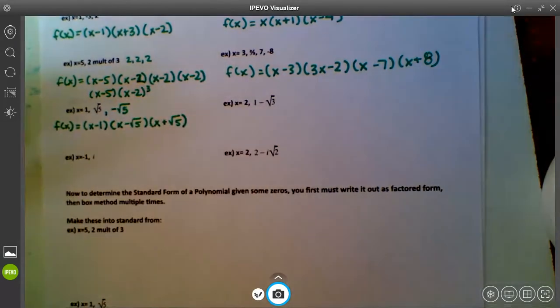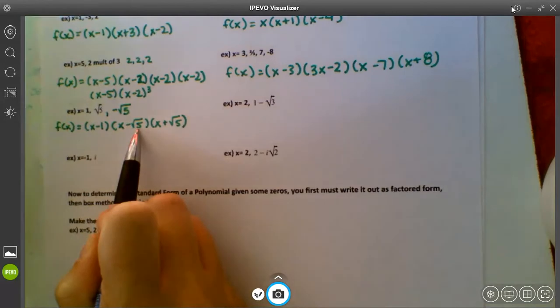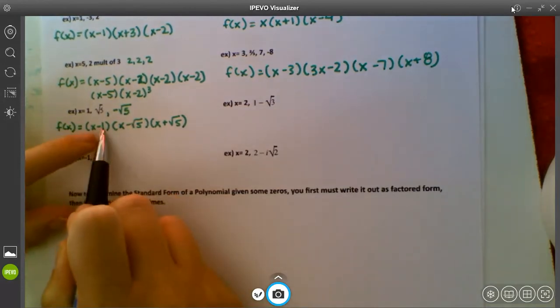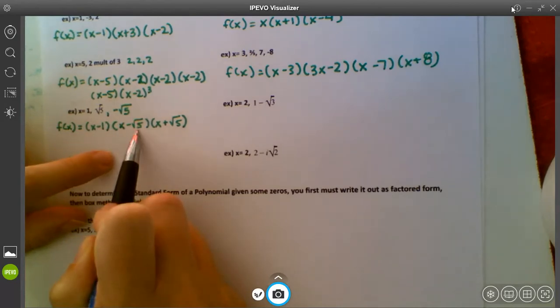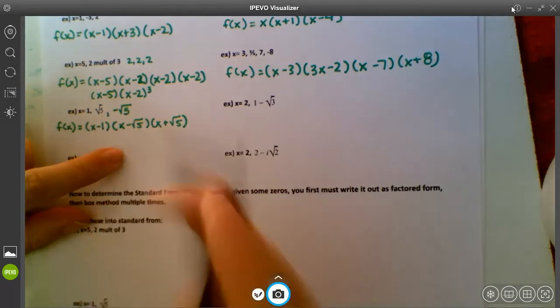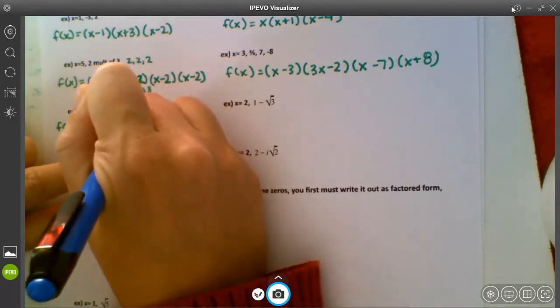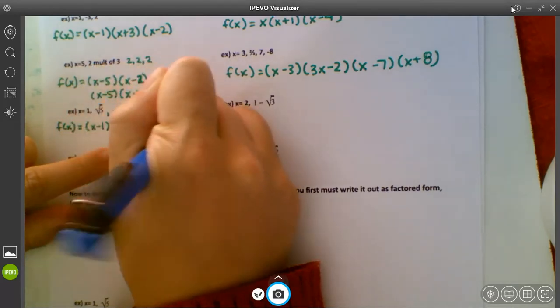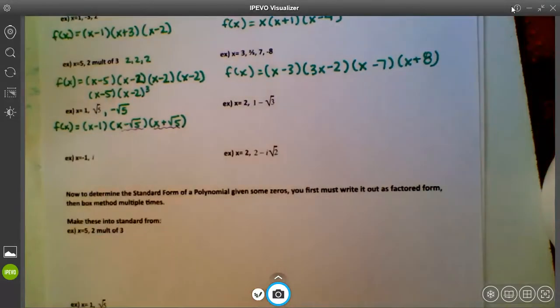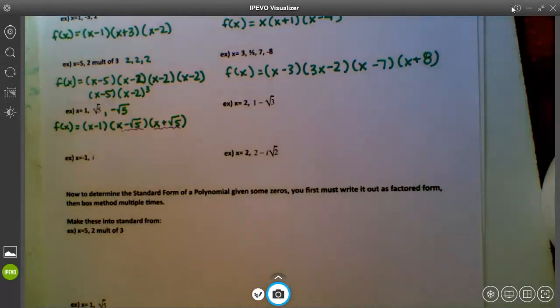And a big rule I've been stressing all over is factors should only be written with numbers, no decimals, no radicals, no fractions. So because of that rule, these two must have been gotten from a bigger polynomial.